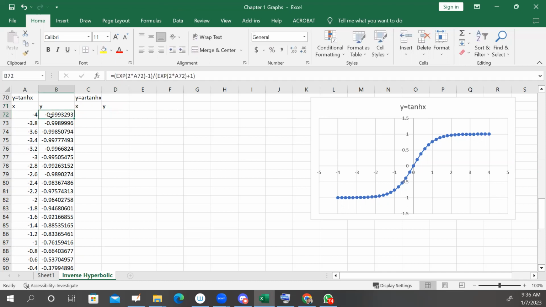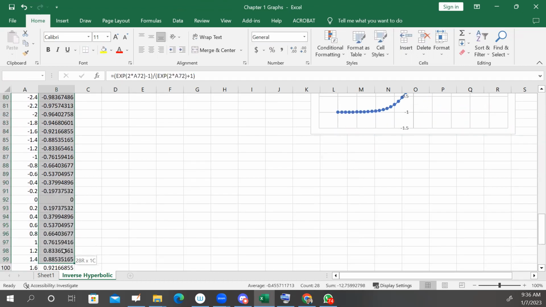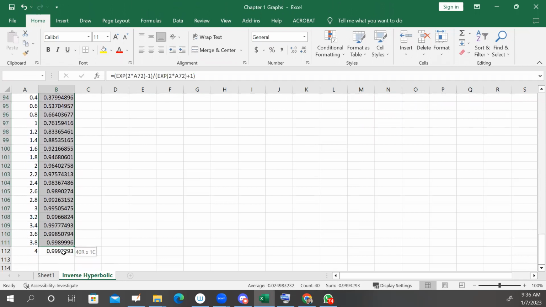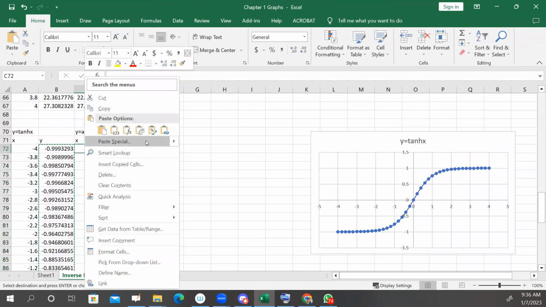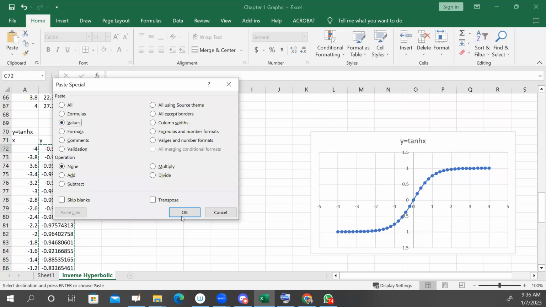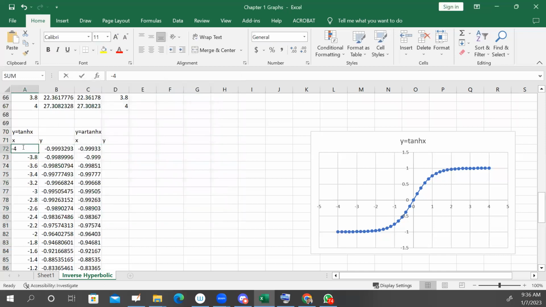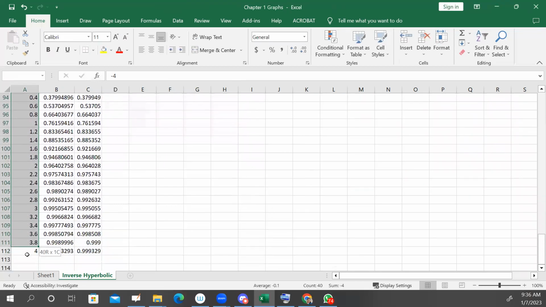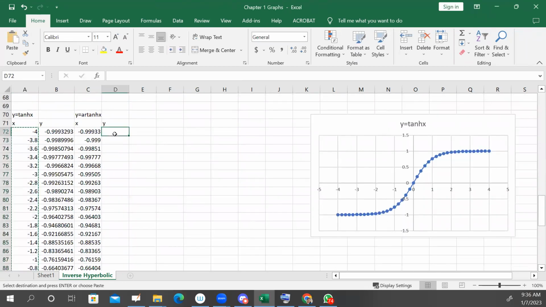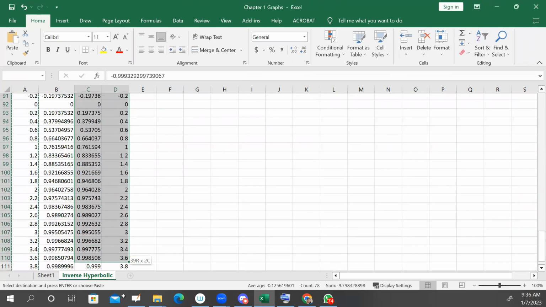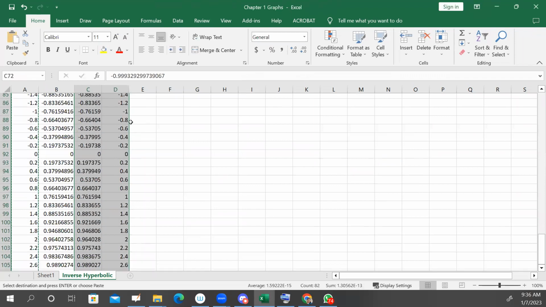The y coordinates are going to become the x coordinates now, and the x coordinates are going to become the y coordinates. All right, so let's draw the r tangent graph separately first. Let's see how it looks, and then we can do a comparison.